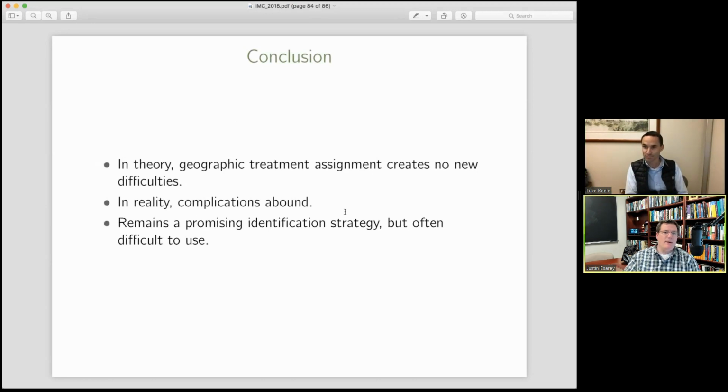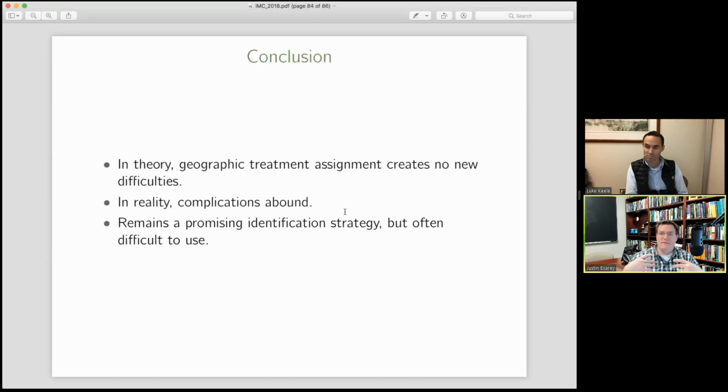I have a question. One thing I always think about when I think about RDDs is, I guess you would call it a sort of external validity concern. Obviously the most important observations are the ones very near the discontinuity, and in some cases the people or units that occupy that discontinuity might be unrepresentative of the larger population in ways that are important to the treatment effect.